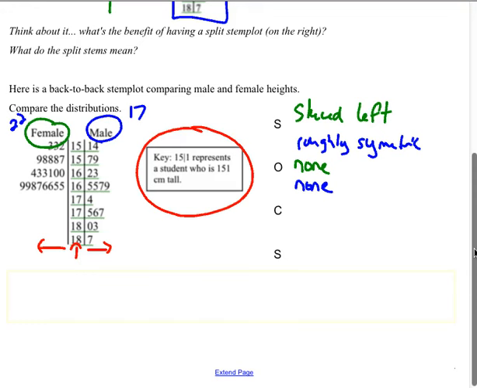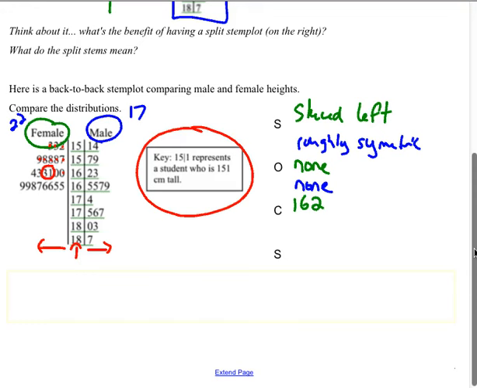So that means that we have to find the point between the 11th and 12th data points, counting in order. So for females, it looks like their median is at 162. I need to average those two numbers.